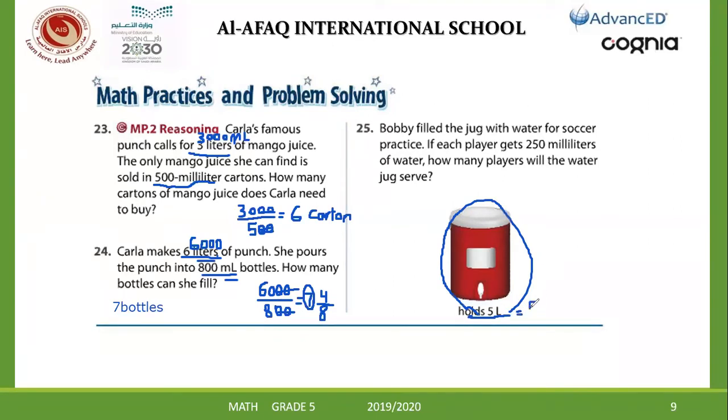So 5 liters means 5,000 milliliters. What about if each player gets 250 milliliters of water, how many players? To find how many players, you have to use which operation after you separate this 5,000 milliliters as 250 milliliters? So how many players will the water jug serve?